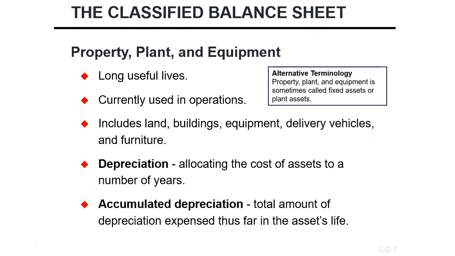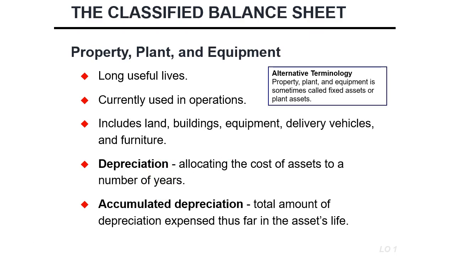Property, plant, and equipment assets. These are what we call tangible assets that are being used by the company for operational purposes. It can include land, building, equipment, etc. These assets, except for land, go through a process known as depreciation. What is depreciation?